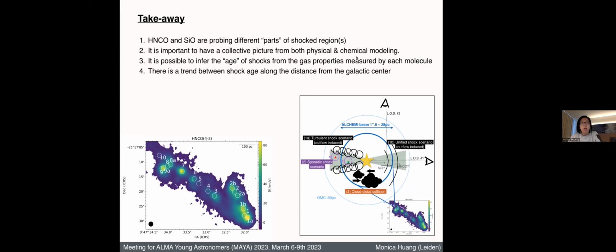These two species are pointing to different gas properties, gas components, and potentially different shocks. And I think there are more other galaxies worth exploring. It will be fun to survey targets and see if we are able to get a coherent picture like what we see here from ALCHEMI. Yes, absolutely. Thank you. I'm not an expert, I was just curious, especially the AGN part was interesting. Thank you.